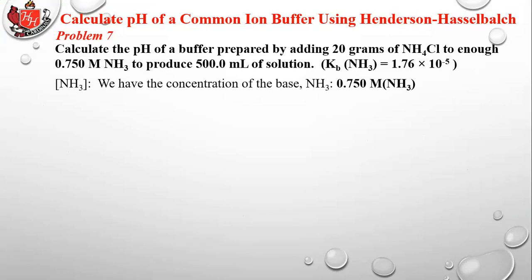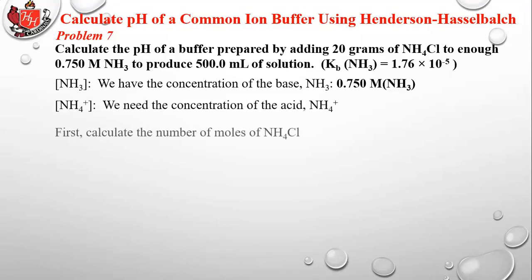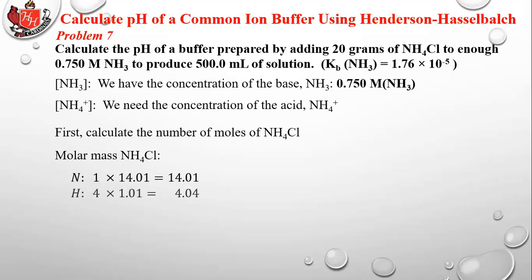Now we need to find the molar concentration of the conjugate weak acid, the NH4+. So we're going to first calculate the number of moles of NH4Cl. For the molar mass of NH4Cl, there's 1 nitrogen at 14.01, which you get off the periodic table, 4 hydrogen at 1.01, and 1 chlorine at 35.45.